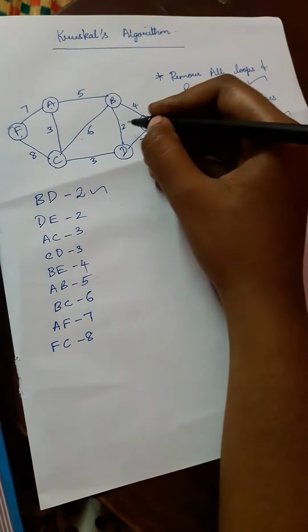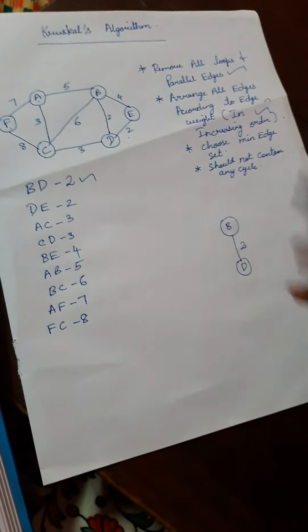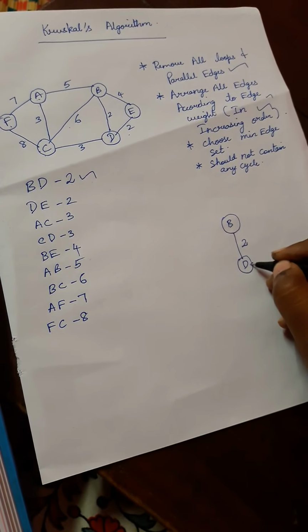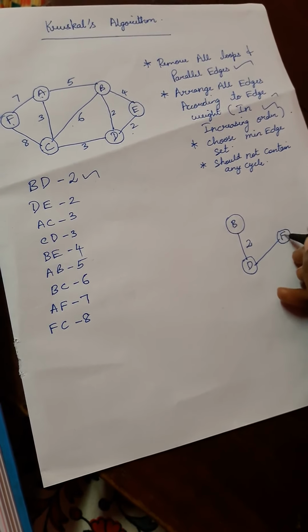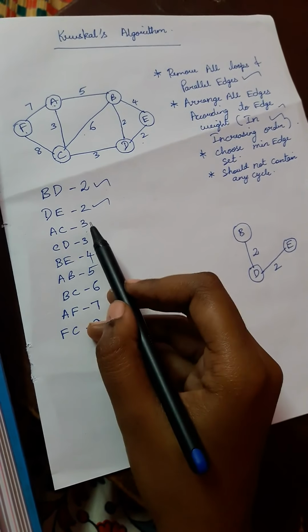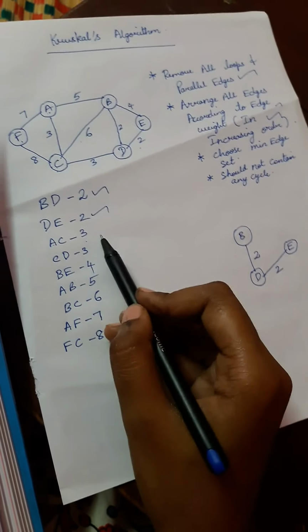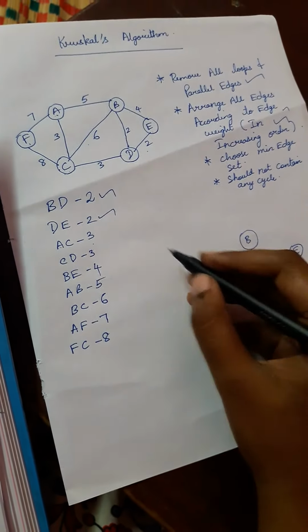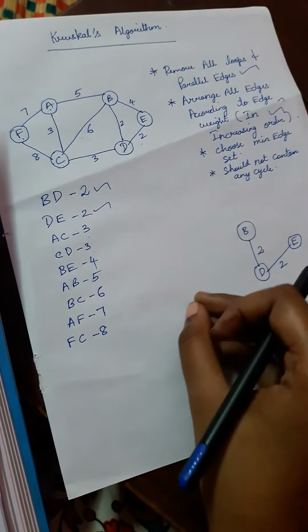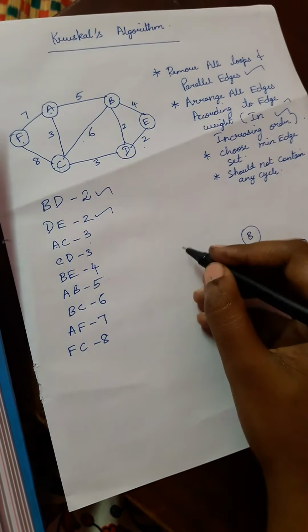Okay, this is over. Then next is D to E. So D to E I am going to connect. D to E, the weight is 2. I have completed. Next A to C. So always check, is there any cycle? No. So next is A to C. I represent it in the same format, then only you will not be confused.